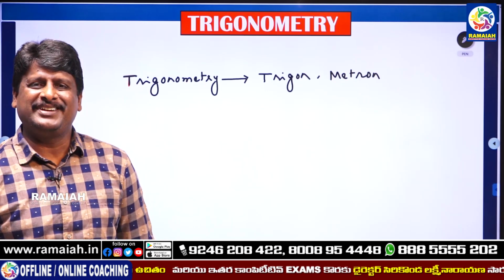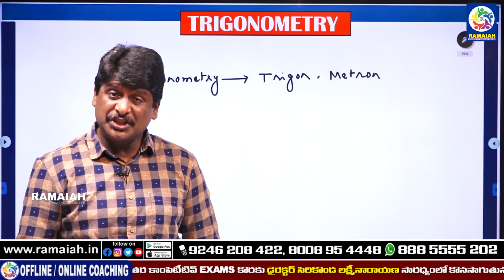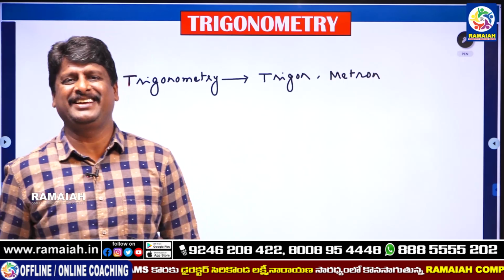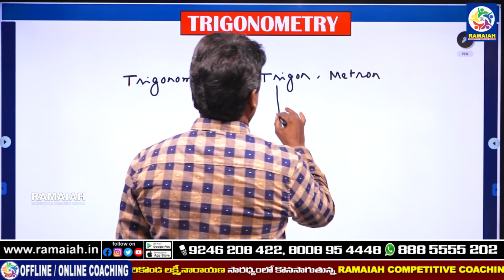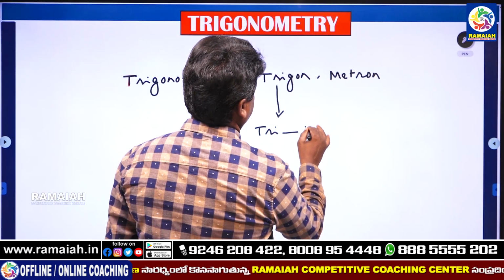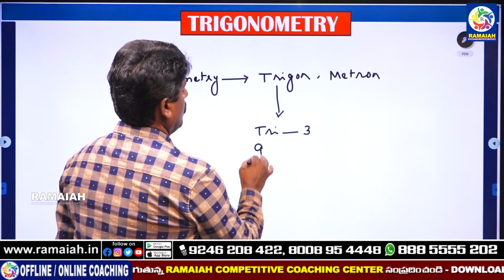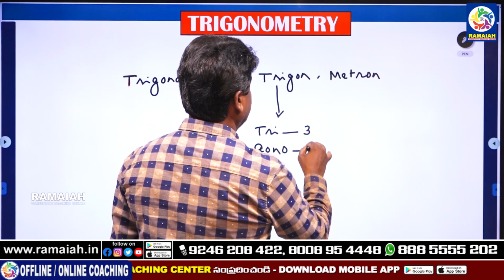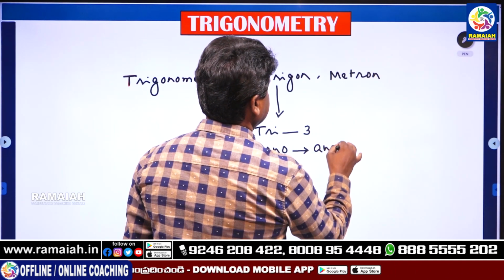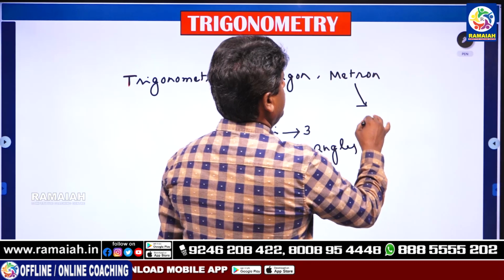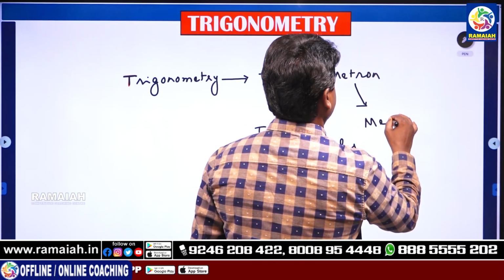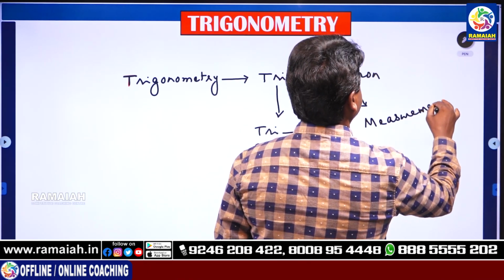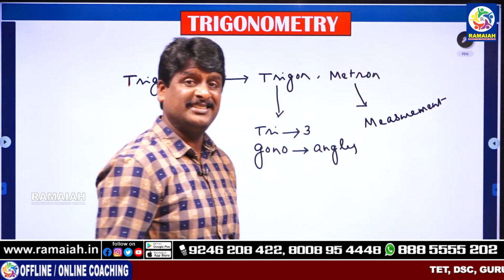Trigon and metron are the two Greek words that form trigonometry. In trigon, tri stands for three, gon stands for angles, and metron means measurement.